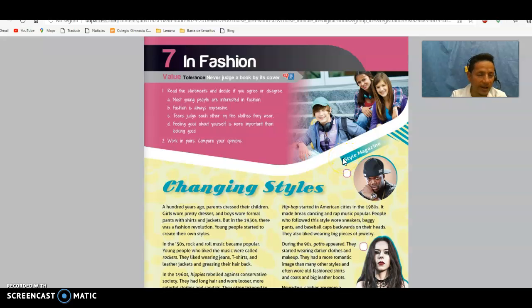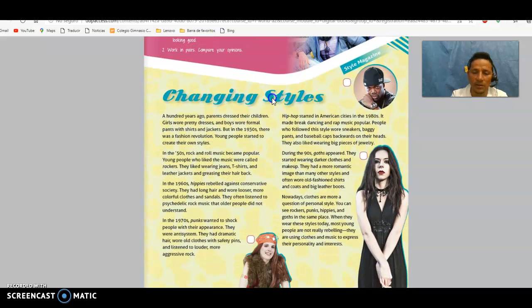Any phrase, anything you are talking about or reading, must have verbs, in present, in past, in past participle. So I need you to discover how many verbs you can see in this article or in this reading.